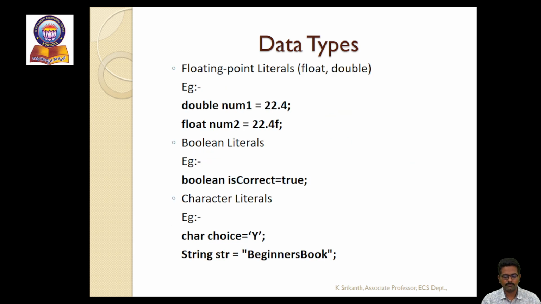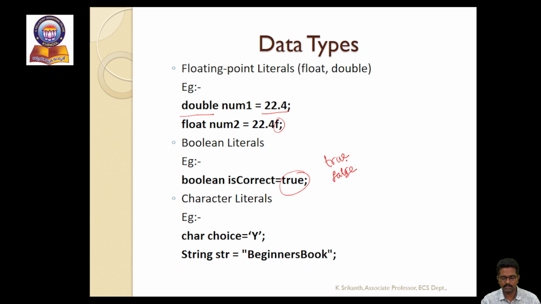And this is about floating point literals, and we all know that by default a floating value is treated as double. To make it a float, we need to end with f. It is very clearly explained in the example. For Boolean literals, we have to mention the values either true or false without any double quotes.